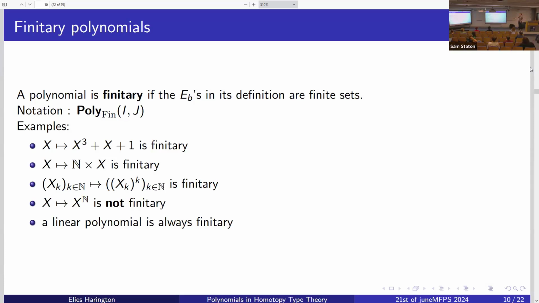And so an actual infinitary polynomial would be one where you have an infinite set in the exponents, which is not something that people would usually call polynomials in the regular sense, but it's something that exists when you do category theory of polynomials. And just as a sanity check, linear polynomials will always be finitary because 1 is finite.